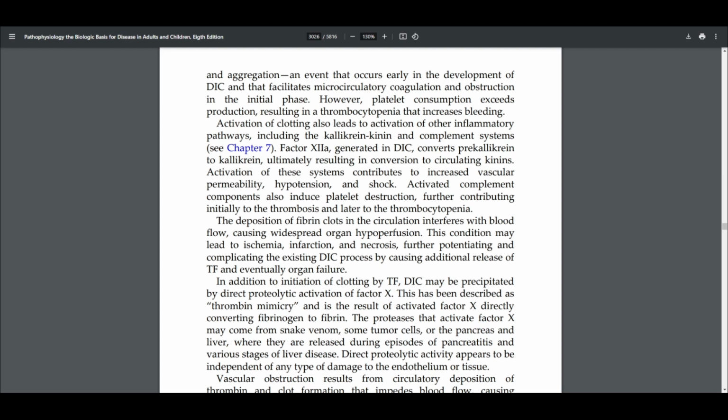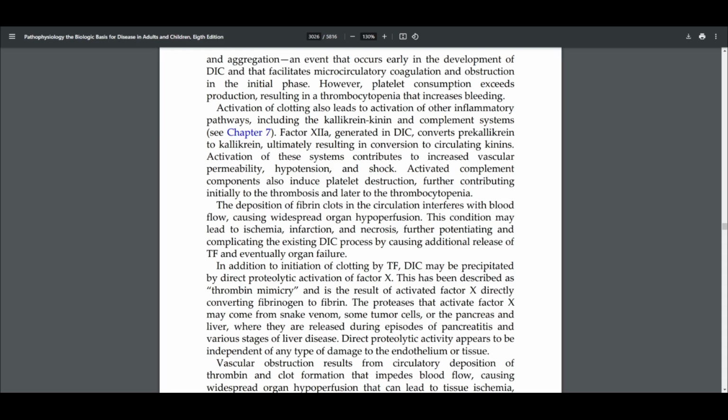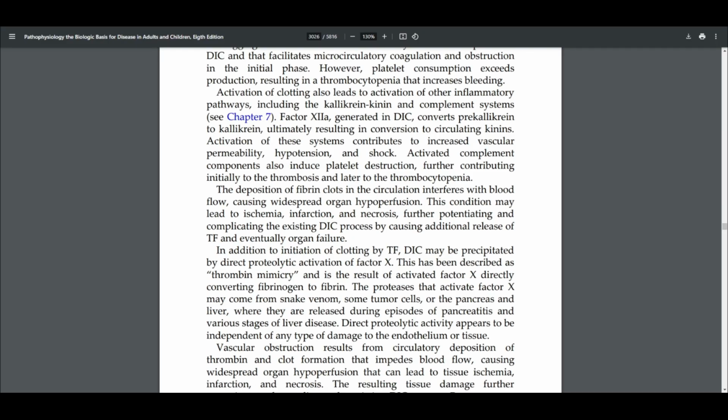Activation of clotting also leads to the activation of other inflammatory pathways, including the kallikrein-kinin and complement systems. Factor XIIa, generated in DIC, converts prekallikrein to kallikrein, ultimately resulting in conversion to circulating kinins. Activation of these systems contributes to increased vascular permeability, hypotension, and shock.